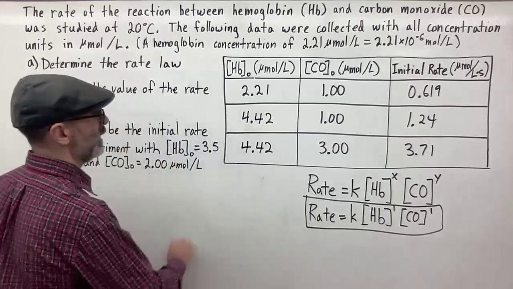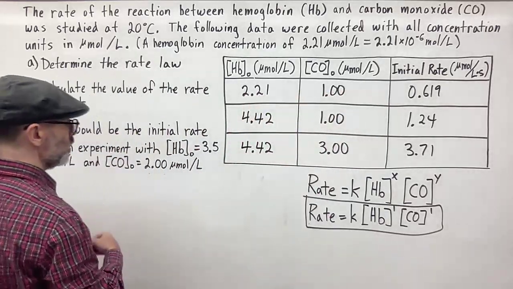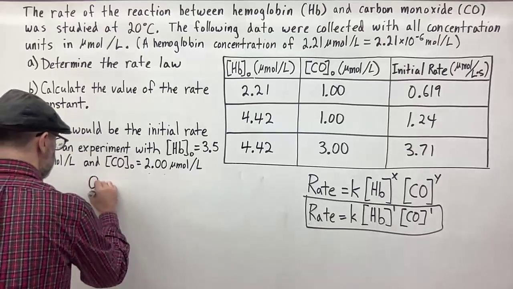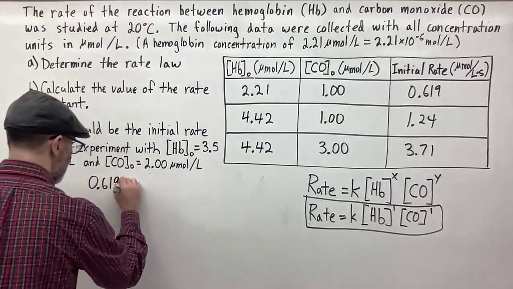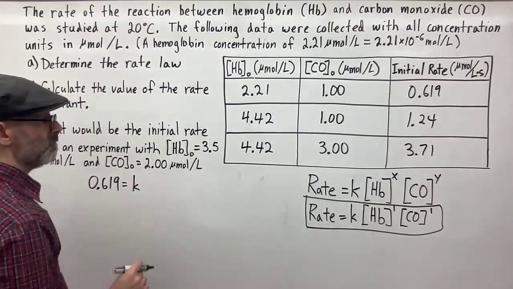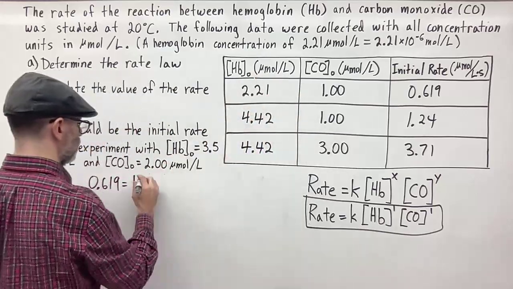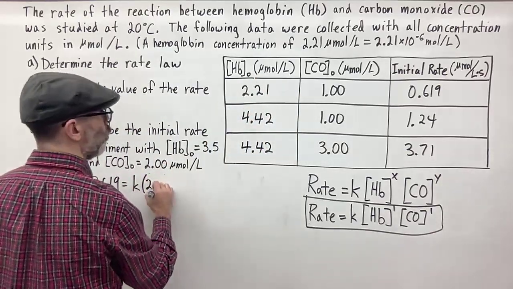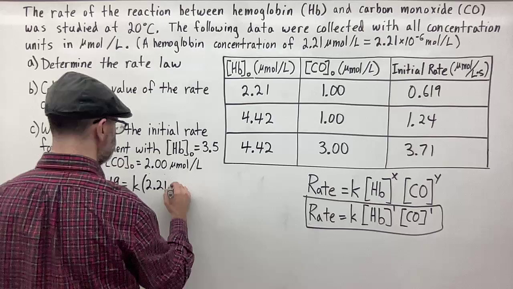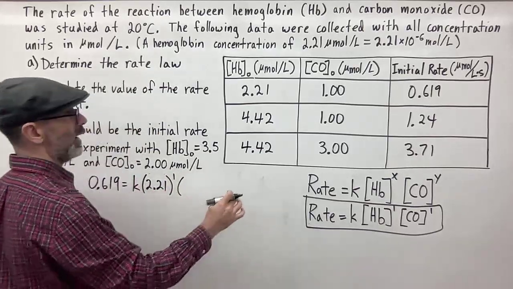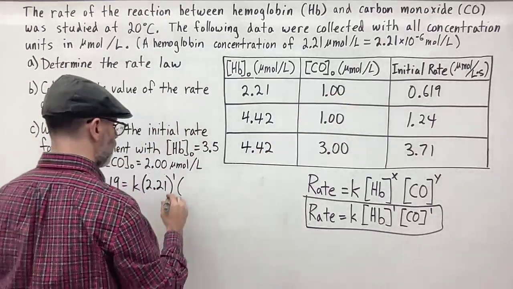So we'll plug in this information here. So the rate is 0.619, so 0.619 is equal to K. And then we'll plug in the hemoglobin concentration, 2.21 to the 1 power multiplied by the concentration of carbon monoxide.